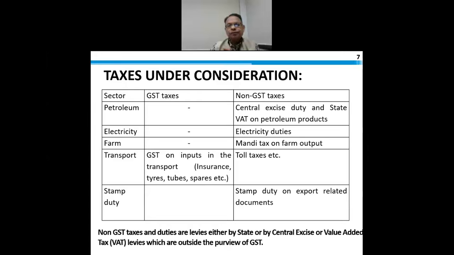The third aspect, which is very critical in this, is transportation. 98% of industrial transportation is still dependent on fossil fuel, either high-speed diesel or gas. And if you are consuming high-speed diesel or gas for transportation of your goods, then there are two issues.